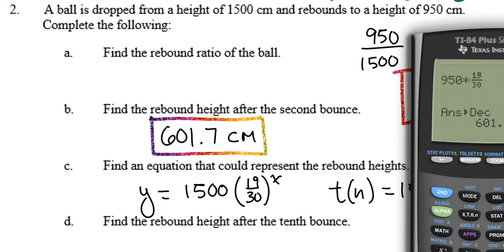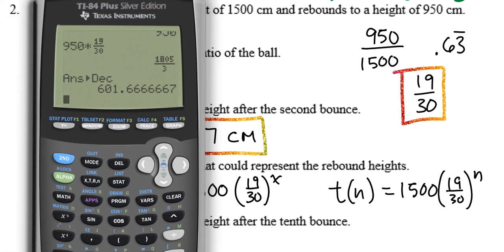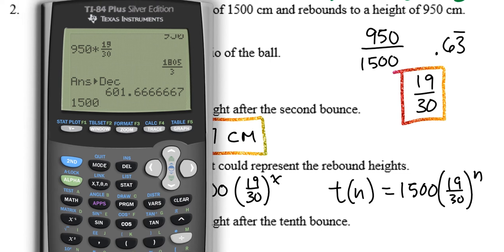And then the last question here says find the rebound height after the 10th bounce. Now, if I wanted to, I could just continue to multiply these numbers by the rebound ratio, and eventually I would get it, or I could use this model, this sequence that I have, and I'm going to choose to do that. So I'm going to enter my 1500 and multiply that by, and I'm going to go up to grab the rebound ratio again.